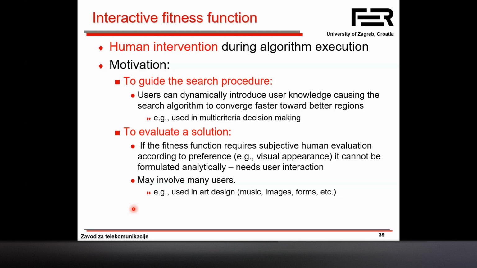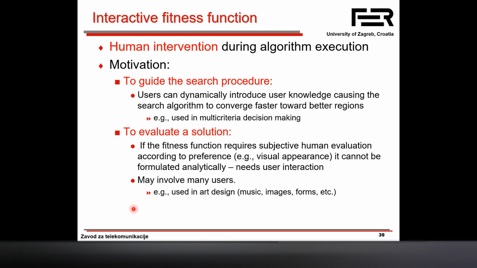In this case, a user can interact with a search algorithm, for example, look at some kind of graphical representation of solutions and decide on some maybe promising areas of the solution space to check. Also maybe update meta-heuristic parameters. And this is something that's used most commonly in multi-criteria or multi-objective decision making.